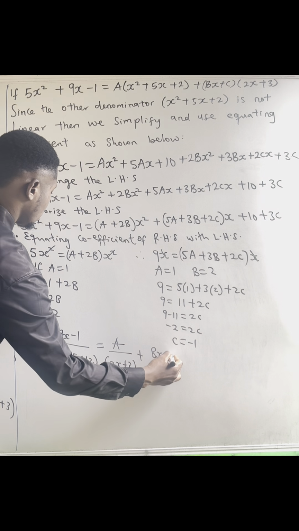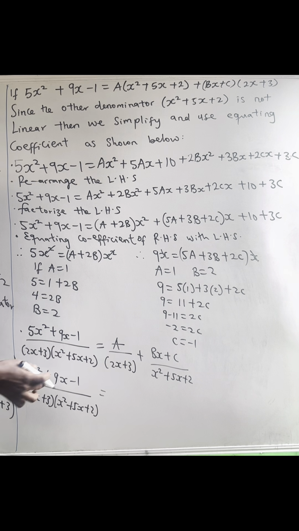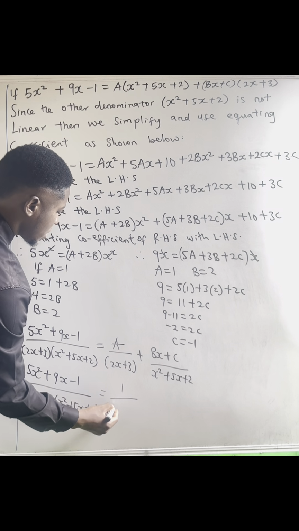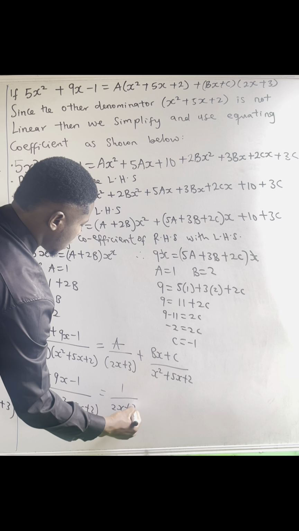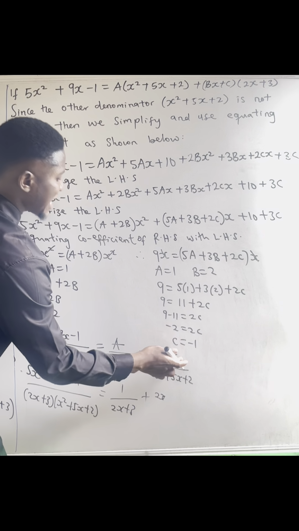So the final answer will now be 5x squared plus 9x minus 1 over 2x plus 3 times x squared plus 5x plus 2 equals our a is 1 over 2x plus 3 plus our b is 2x, and our c is minus 1, so 2x minus 1 over x squared plus 5x plus 2. So this is the final answer.